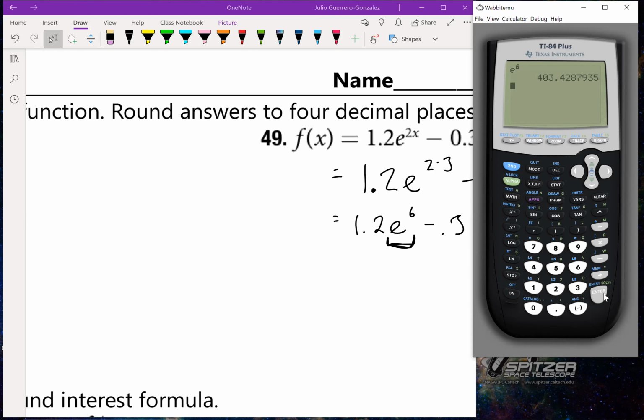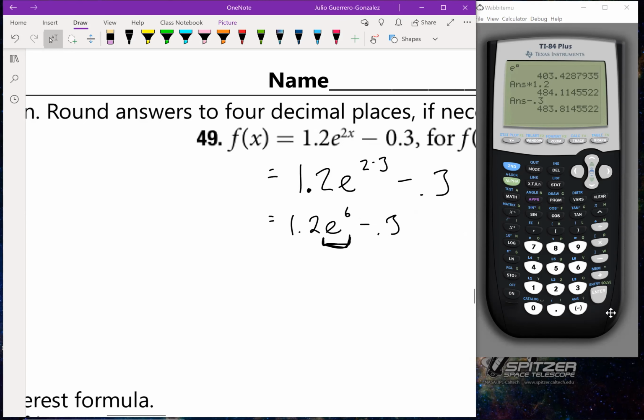So actually, you weren't that far off. And then that times 1.2, and then that minus 0.3. Boom. So I actually did get 484.11455219.